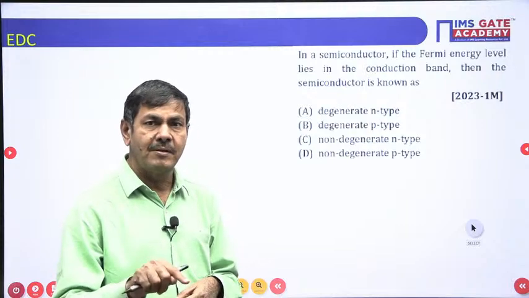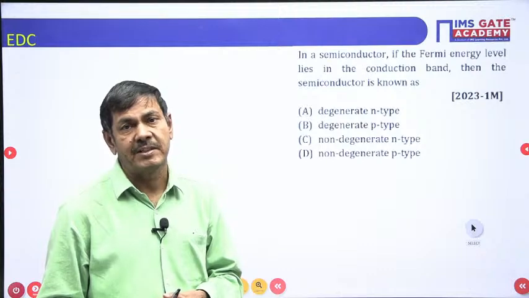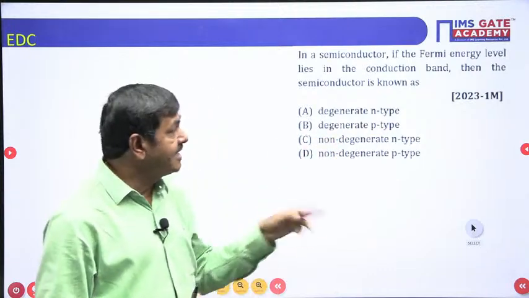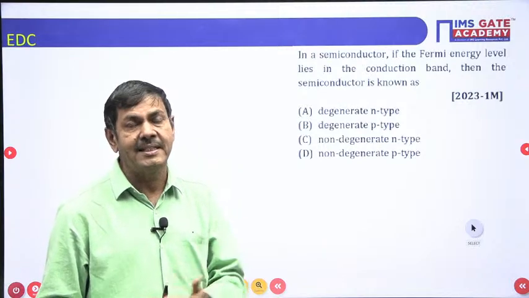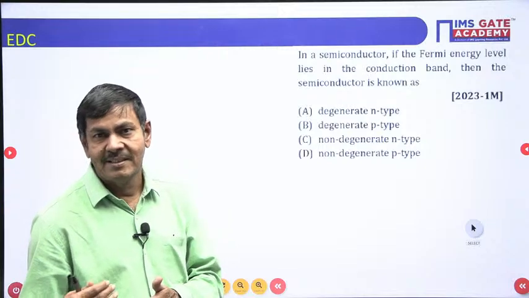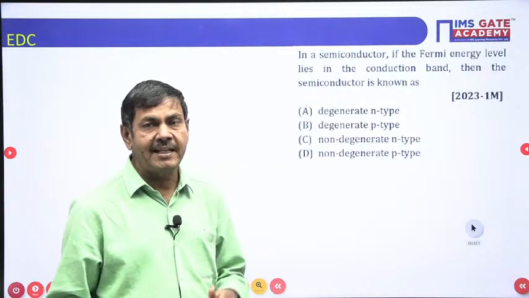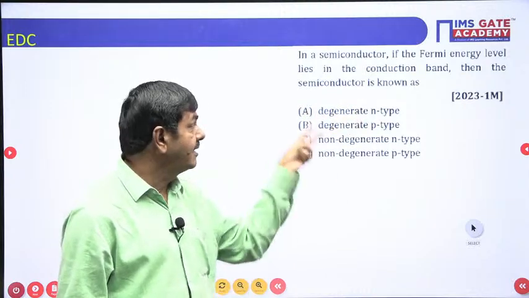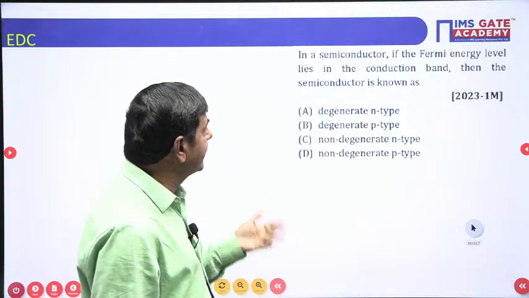In degenerate P-type, the Fermi level is going to exist in the valence band only. If it is lying in the valence band, it is P-type. If it is lying in the conduction band, it is degenerate N-type only. Now you identify whether it is non-degenerate or degenerate.